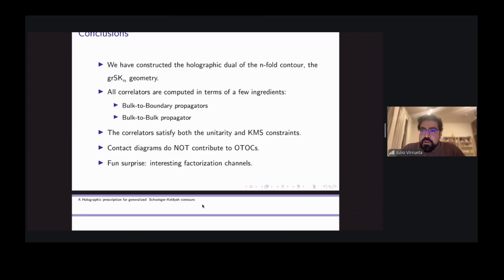We have this result that contact diagrams do not contribute to the out-of-time-order correlator. You need to go to exchange diagrams. That was the important result, but a corollary of that, a fun surprise we encountered, is that not only is the OTOC interesting for all the reasons we know about chaos, from the point of view of just Witten diagrams, it seems to be a preferred channel that obeys this nice factorization.